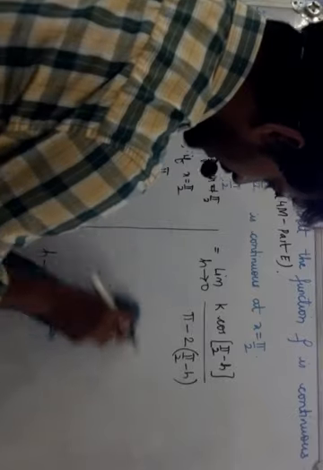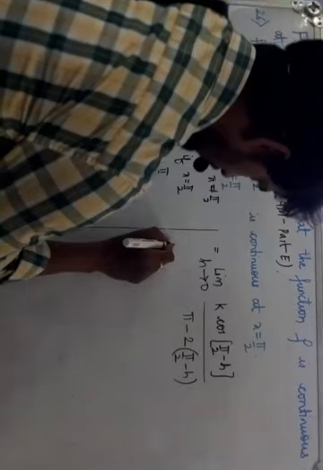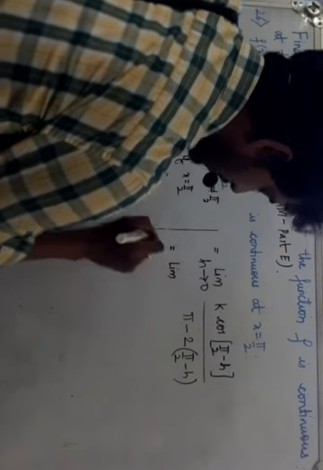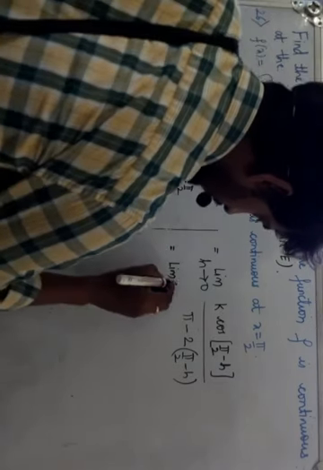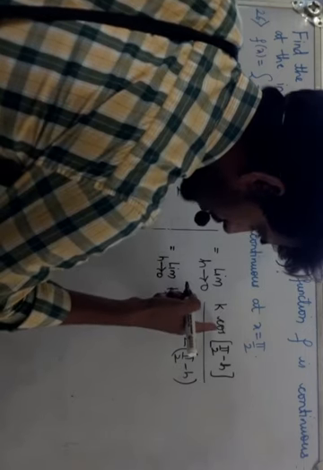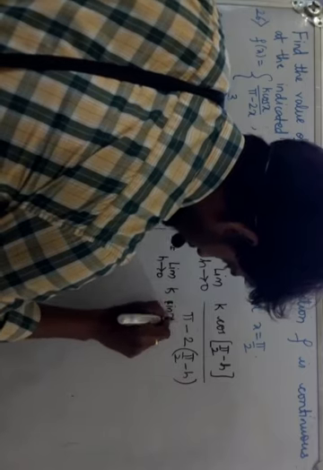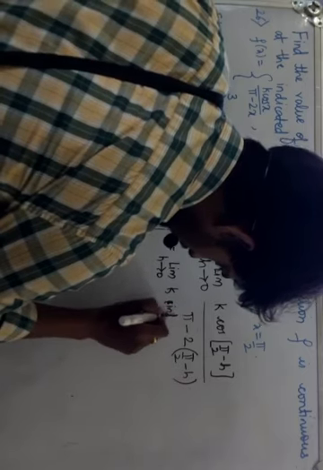Now we can easily calculate it. This will be limit of k, and cos of 90 minus theta is sin theta.